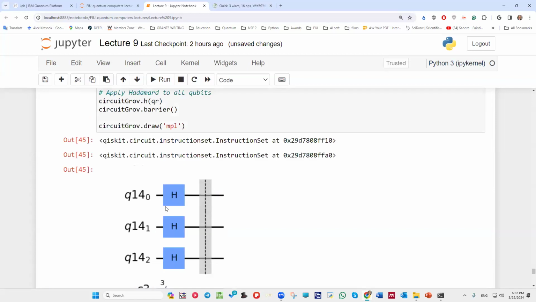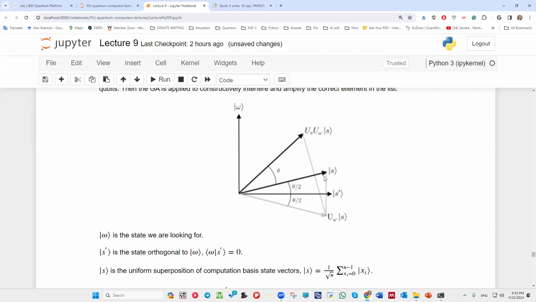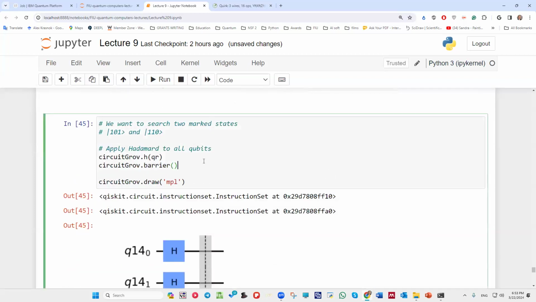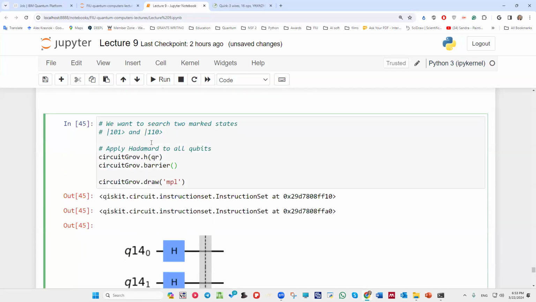The result of this is this vector S here. And in this particular example, we will look for 2 states, state 101 and state 110, just 2 arbitrary states. As you can see, we can not only look for one element, we can look for 2 elements.